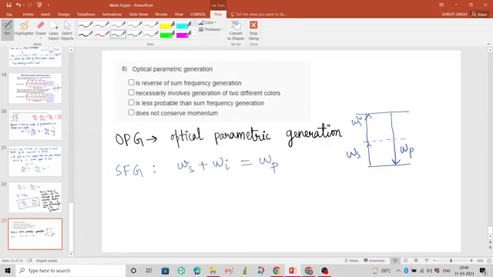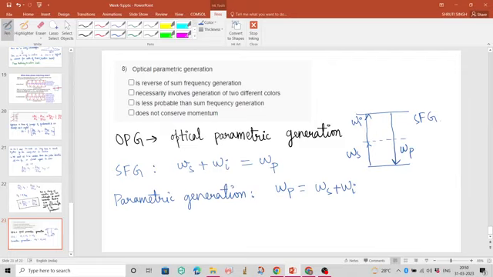So this was the sum frequency generation. Now the reverse order is the parametric generation. It is the reverse process in which one photon of higher energy splits to give two photons, one signal and one idler.